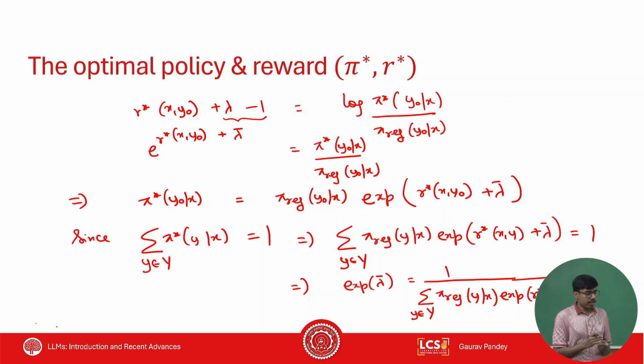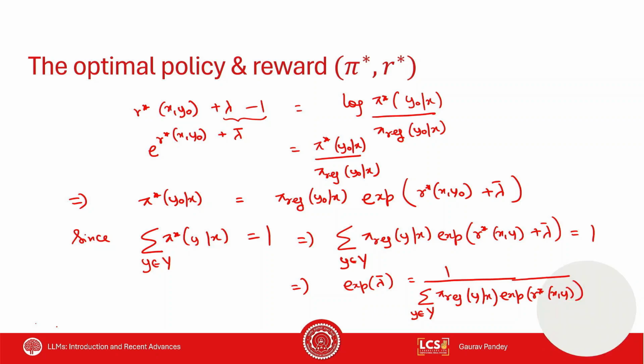Basically, it's the normalization constant. That's it. So now what does your distribution look like? The optimal policy is the base policy times some function of the reward function. Is it fine? Okay.